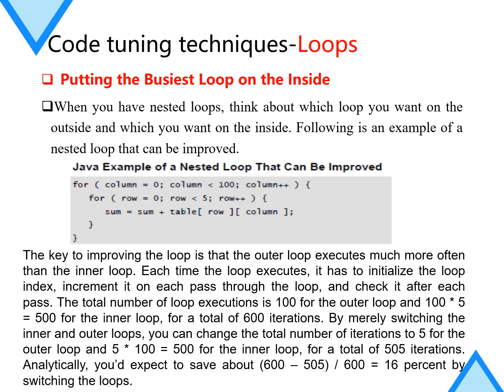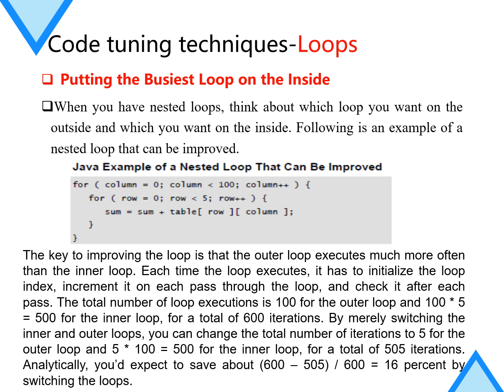So each time the loop executes, it has to initialize the loop index, increment it on each pass through the loop, and check it after each pass. The total number of loop executions is 100 for the outer loop and 100 multiplied by 5 equal to 500 for the inner loop, for a total of 600 iterations.